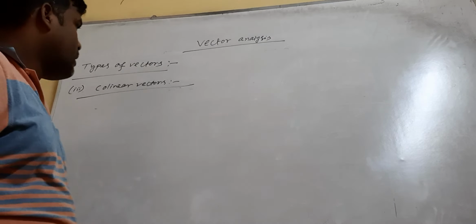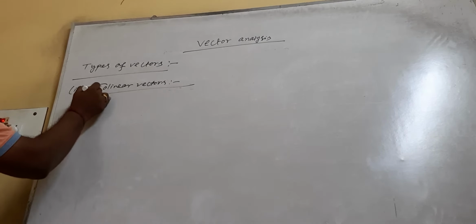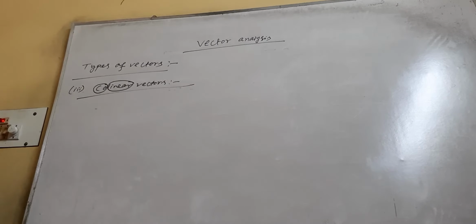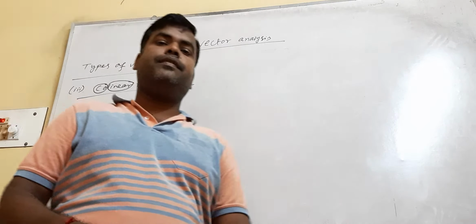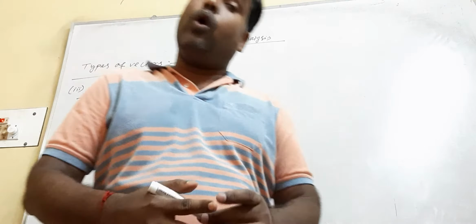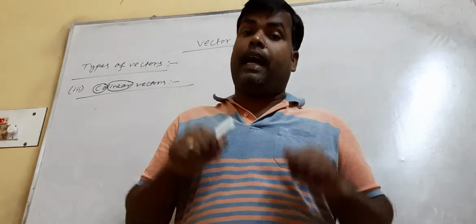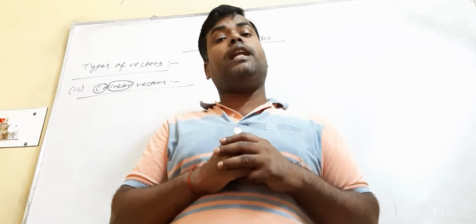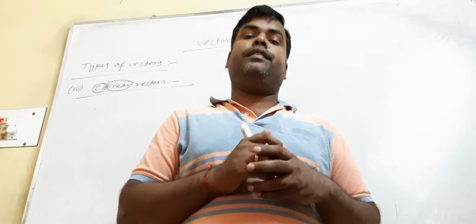Collinear. Co means common, linear means line. Two vectors are said to be collinear if they act along the same line, a common line, or along parallel lines.